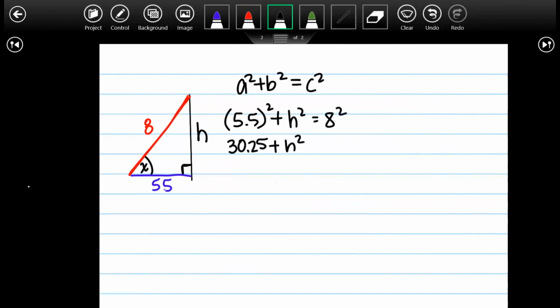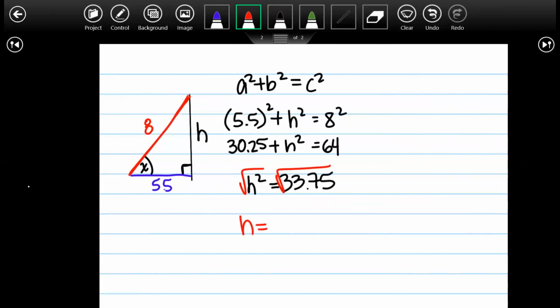So 64 minus 30.25 gives us h squared equals 33.75. To find what h is, what do we have to do? Square root both sides.